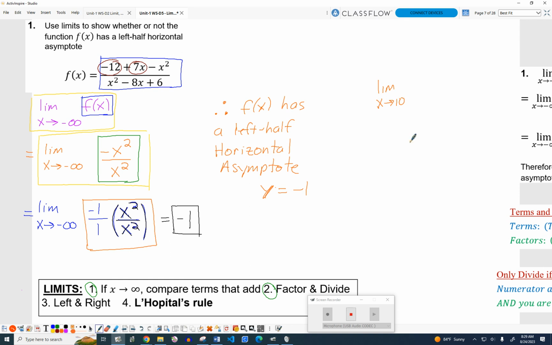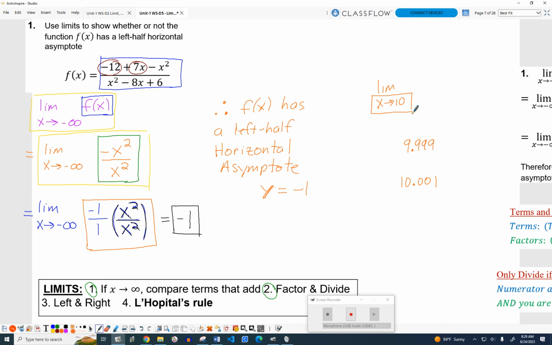The x value could be slightly less than 10, or slightly more than 10. Does that make sense so far? Perfect. So that's why if we're finding a limit for a finite number, we have to do a left-hand limit and a right-hand limit.